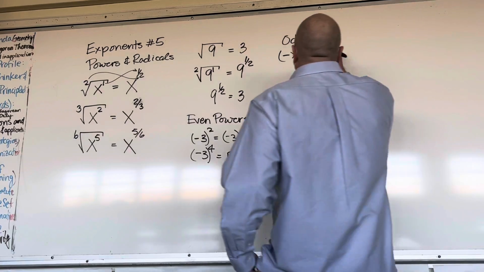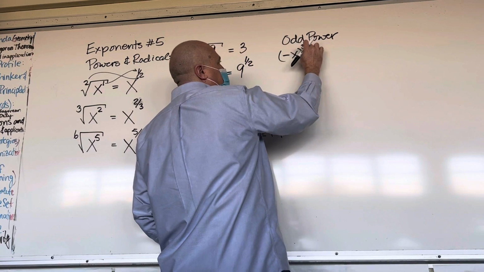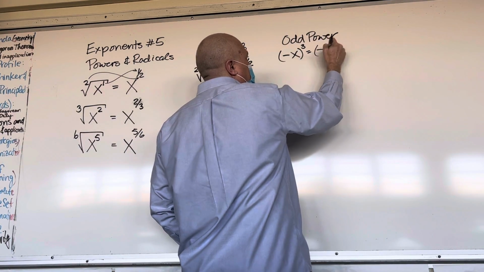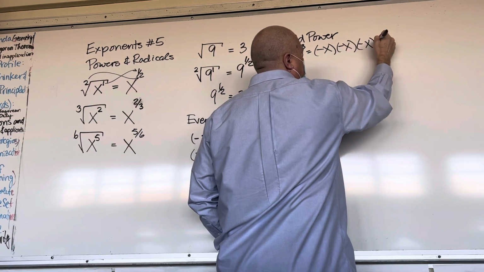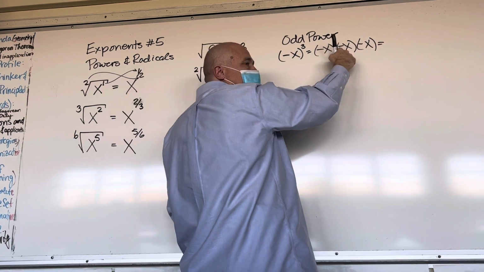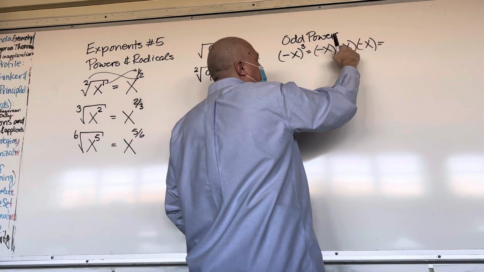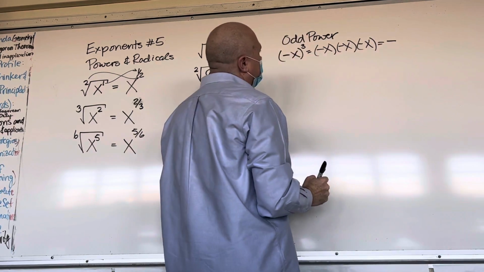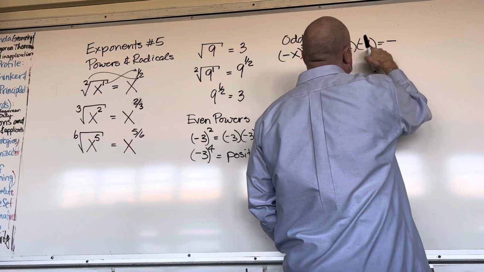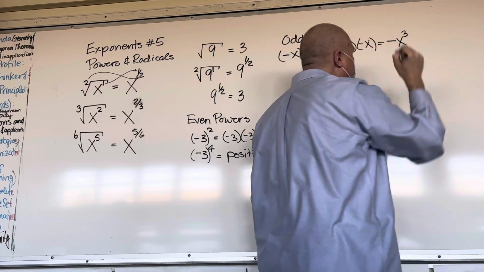What is this? This is the base times itself that many times. -x times -x times -x equals. What's a negative times a negative? Positive. What's a positive times a negative? Negative. And so this becomes x times x times x, -x cubed. All right?